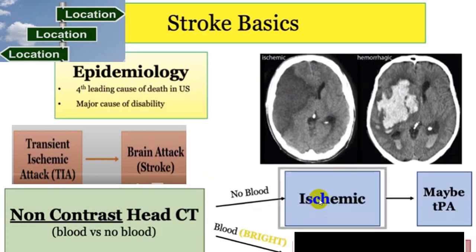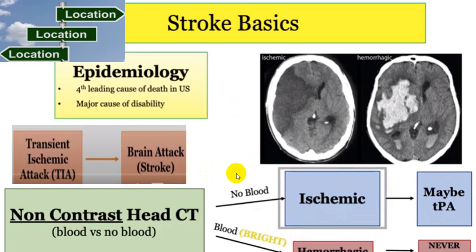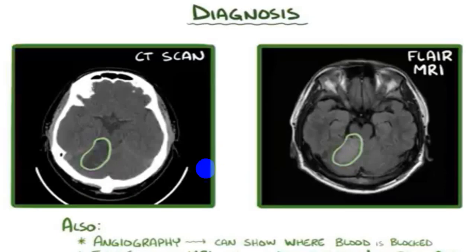So if it is ischemic, you can decide regarding giving TPA, and if it is hemorrhagic, you have to avoid giving TPA. So the first investigation is to rule out whether it is hemorrhagic or ischemic stroke. And if there is neither ischemia nor hemorrhage and the person recovers completely without any residual damage, it goes in favor of transient ischemic attack.